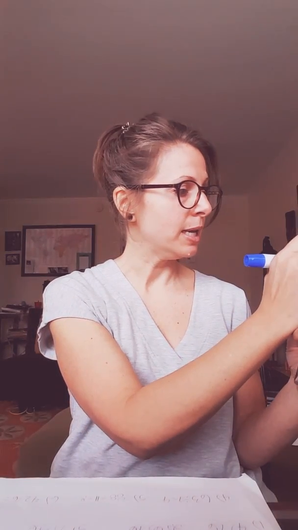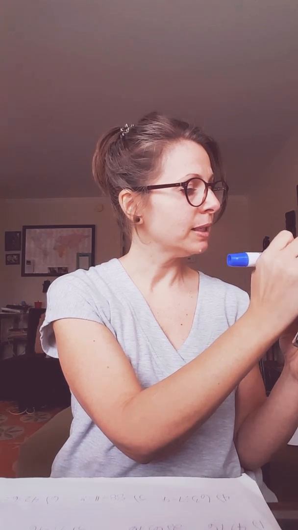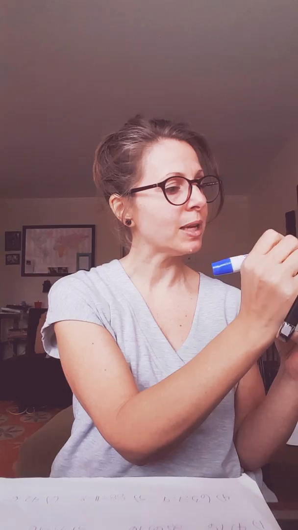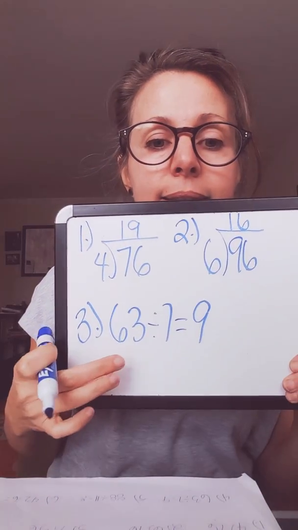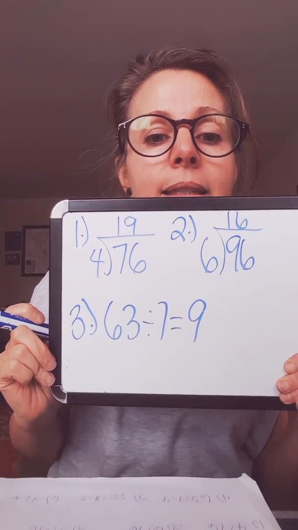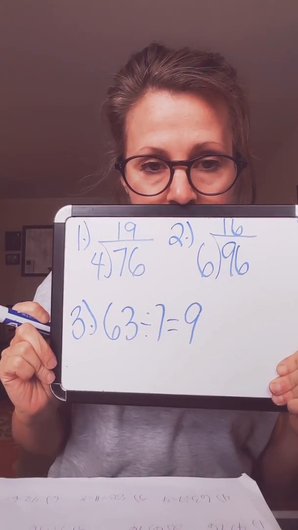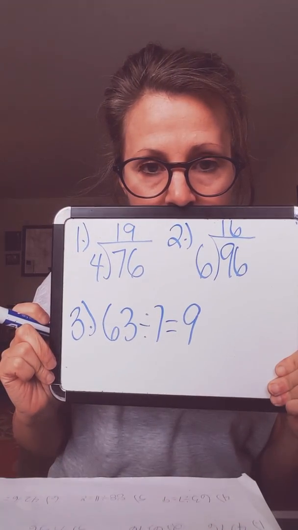Number 3, I would like you to do 63 divided by 7 equals 9, but I want you to write it like this. Okay? 63 divided by 7 equals 9 is number 3. Okay?